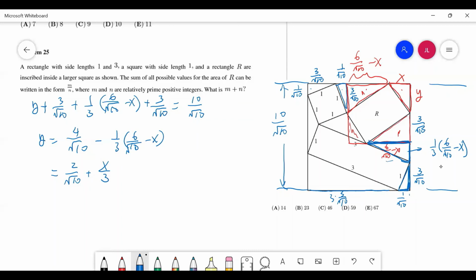Right, so now I'm going to look at the similar triangles here. I'm going to focus on this triangle and this triangle, they are similar. Okay, so we have x over 3 over square root 10 equal to y over 6 over square root 10 minus x.